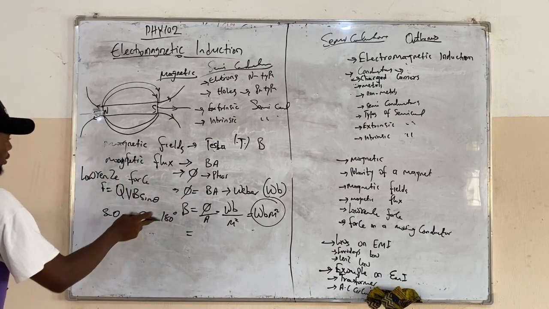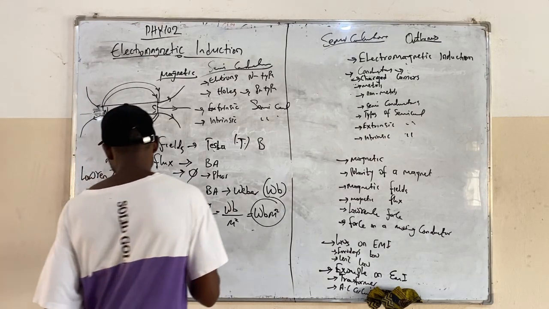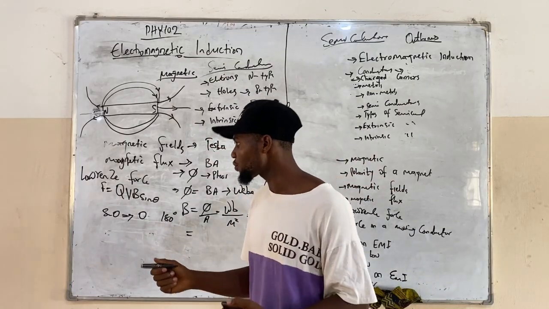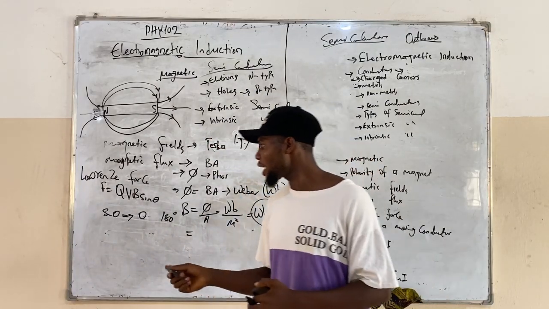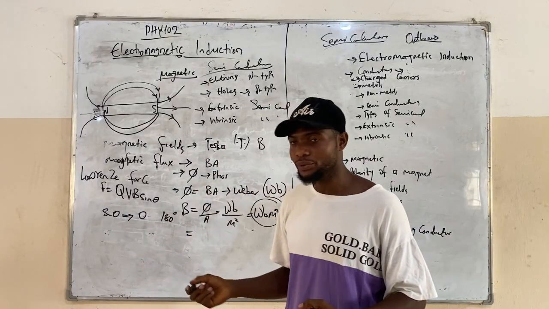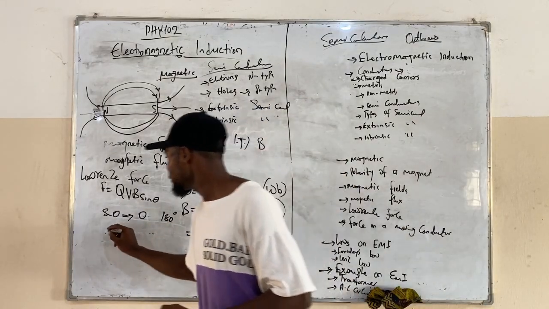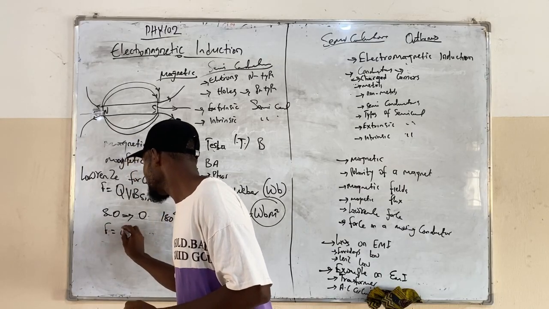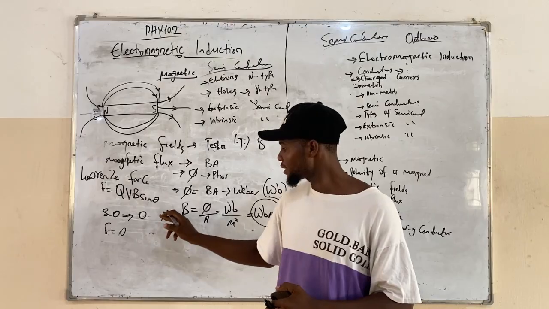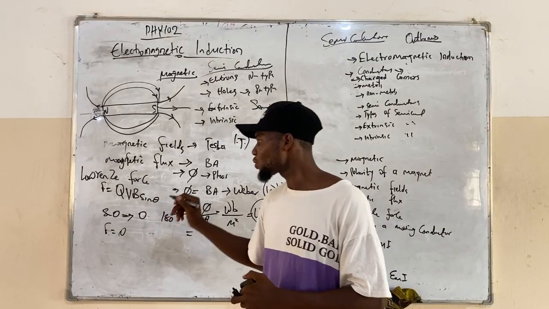That's to say, sine 180 will also give you 0. So if they ask you to find the magnitude of the Lorentz force when the angle between the charge velocity and the magnetic field is 0, the force will be 0, because sine 0 and sine 180 are both 0.